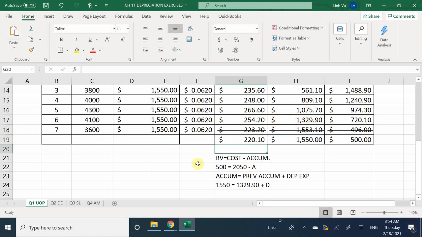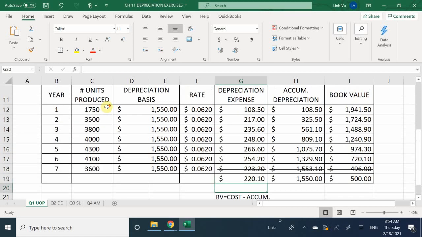So this is what you need to do because it went over capacity. There's also another way you could have solved this. If you didn't like working backwards, you could have gone forwards. Pretty simple. All you had to do was calculate your total amount of units. Then you would find the difference.